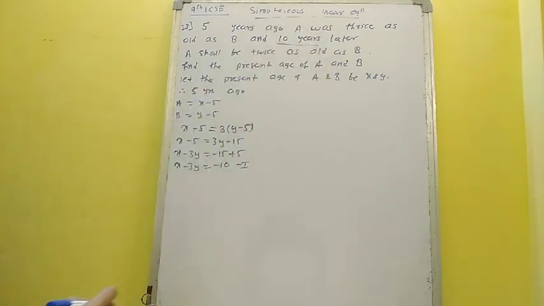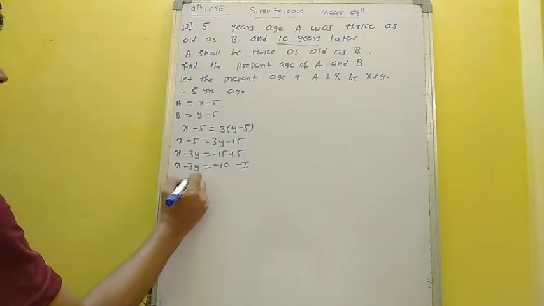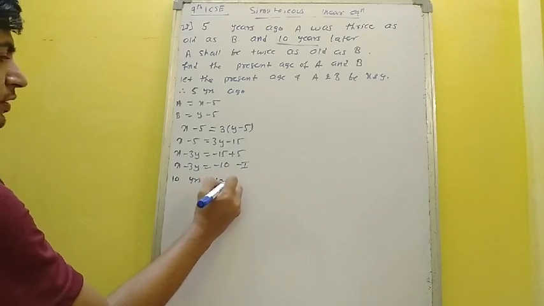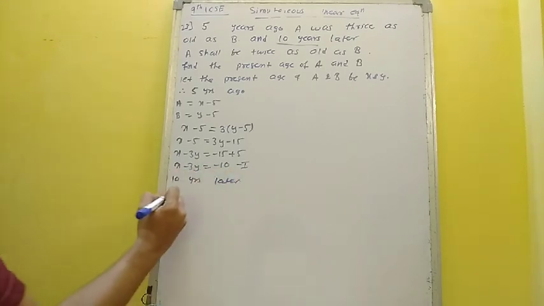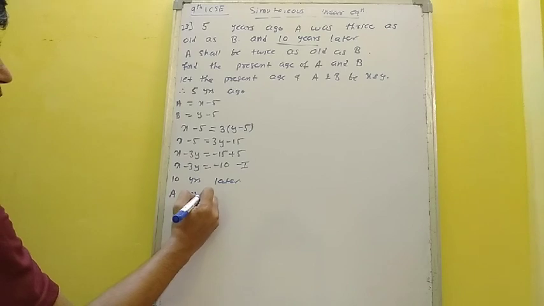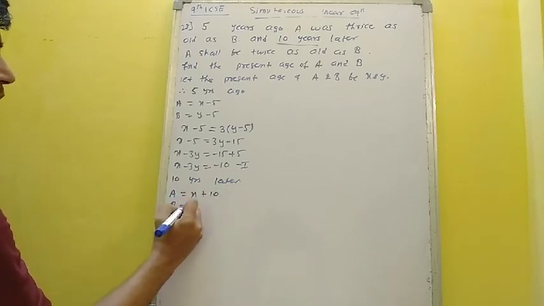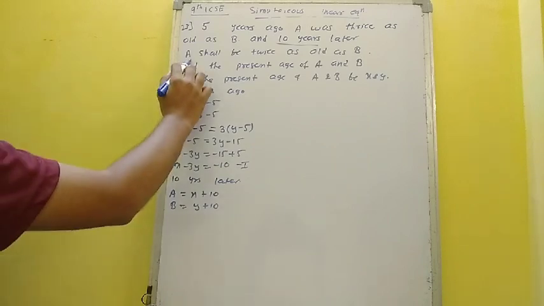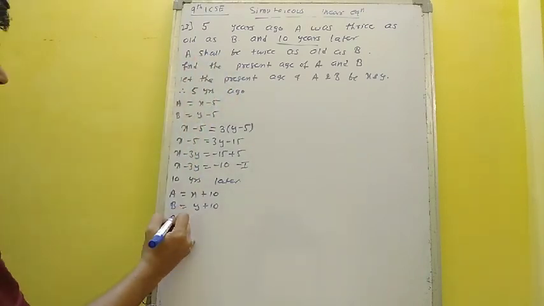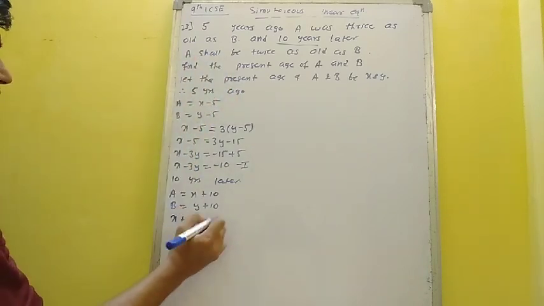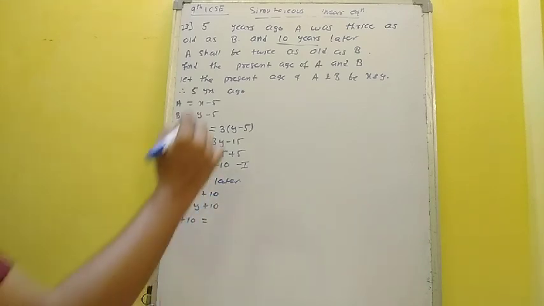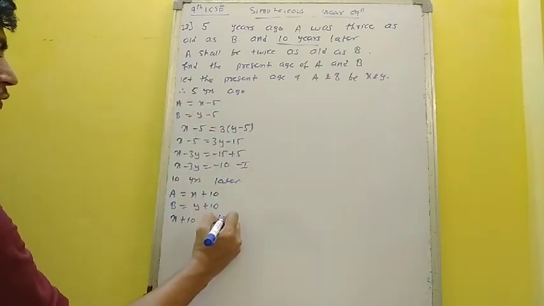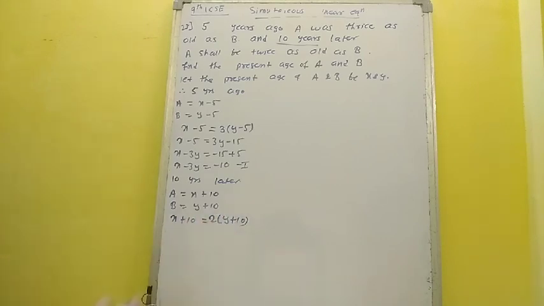10 years later. So I will find the data of 10 years later. A will be X plus 10 and B will be Y plus 10. A will be twice as old as B, so X plus 10 equals 2 times Y plus 10.